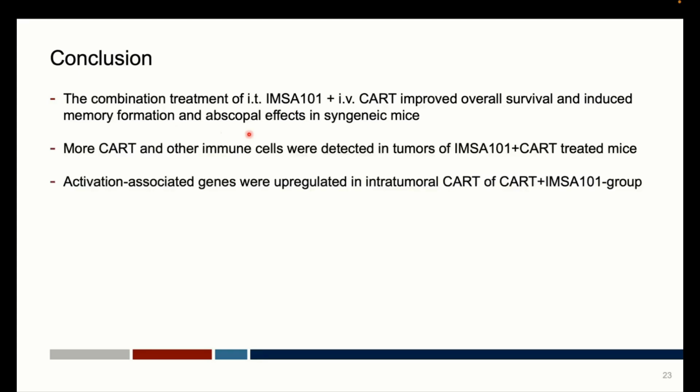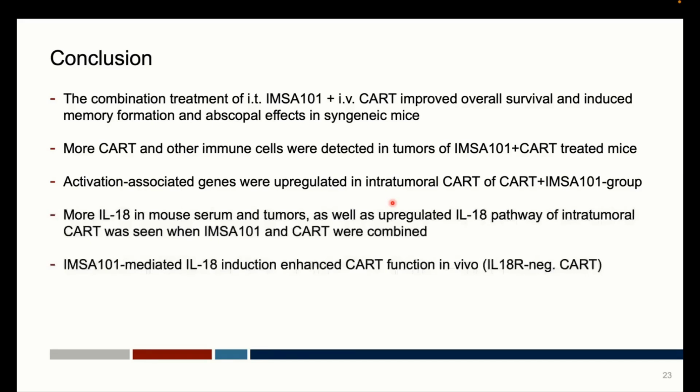What I showed today is that the STING agonist increases trafficking of CAR T cells and other immune cells. So we could really detect significantly higher levels of different immune cells when we treated the tumors with the STING agonist. We could also see that activation-associated genes were upregulated in the intratumoral CAR T cells of the combination treatment group. And we could see very nicely that the STING agonist induced IL-18 secretion.